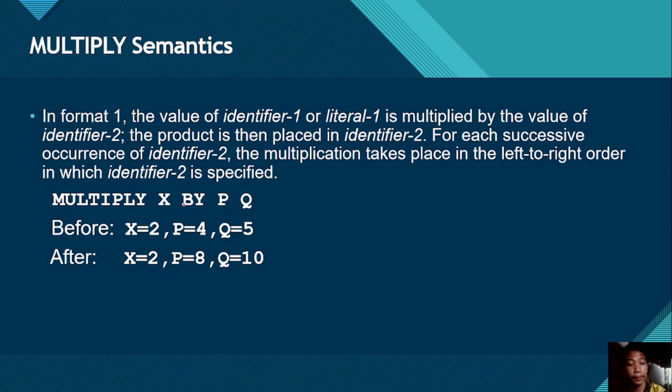So x by p and q, meaning that x times p would give us like 2 times 4 is equals to 8. 2 times 5 is equals to 10.